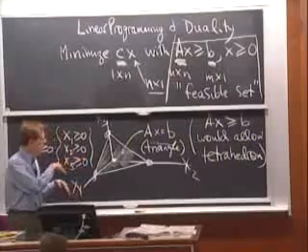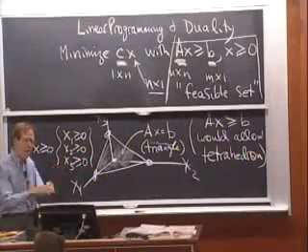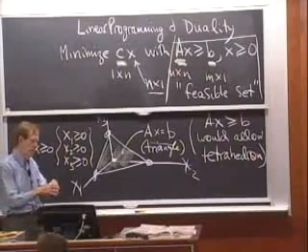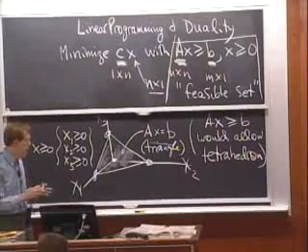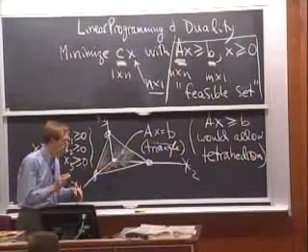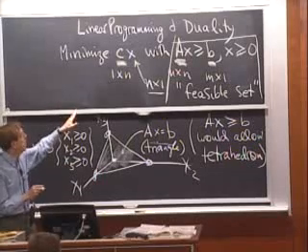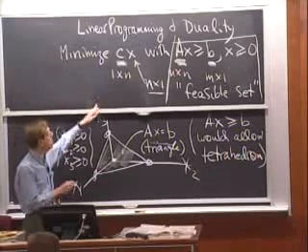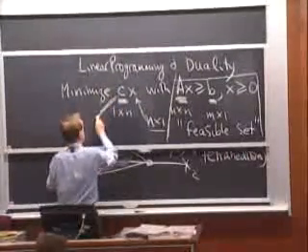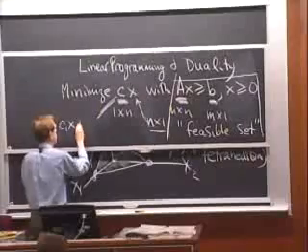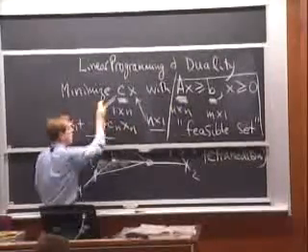Okay, so the feasible set is a polyhedron. It's like a polygon, only up into n dimensions. So we use the word polyhedron. And it's got corners. And the whole point of the linear cost, the linear objective function, Cx, which is just C1x1 plus up to Cnxn, that's what that means.